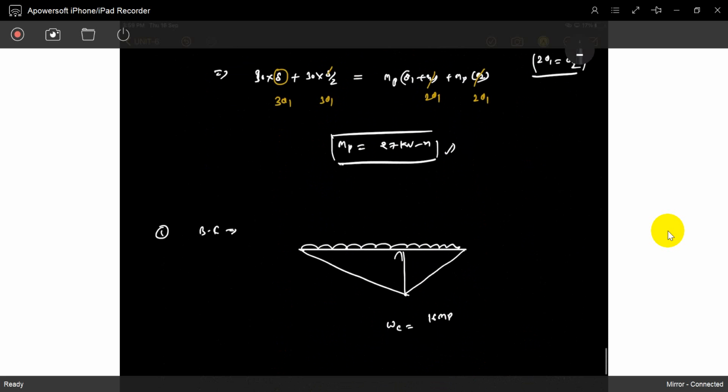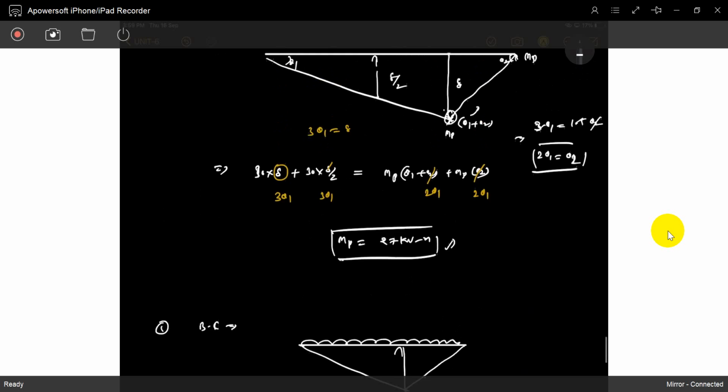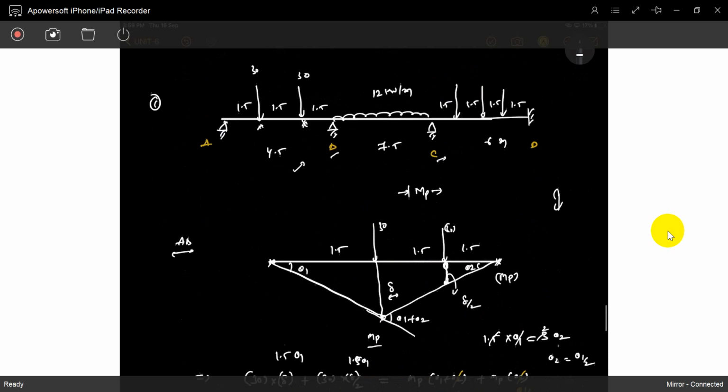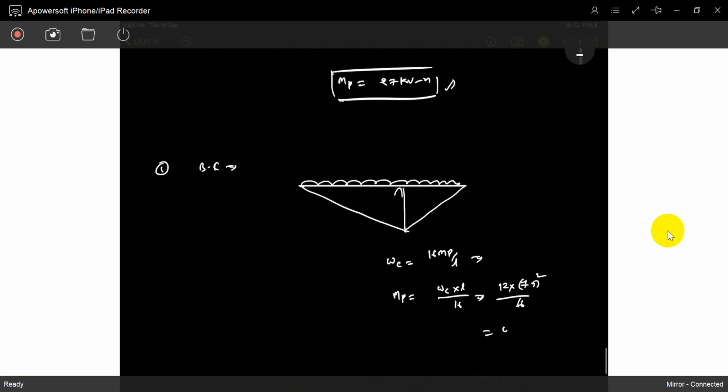WL is 16 MP, so MP is WL squared by 16. What is W? What I gave is 12. The length is what I gave, 7.5. So 12 into 7.5 squared by 16. What is that value? 42.18 kilonewton meter. That's it.